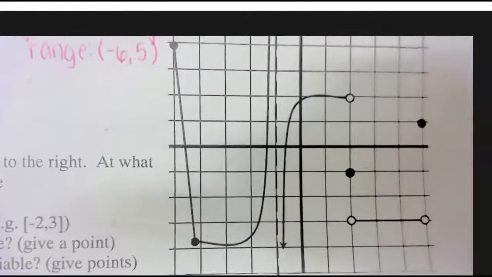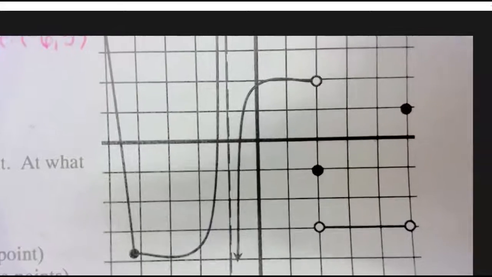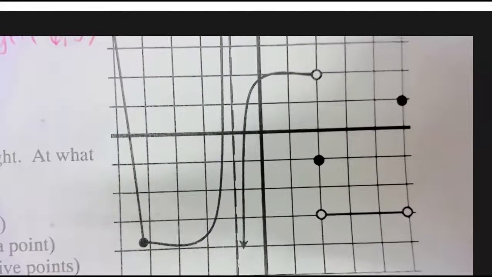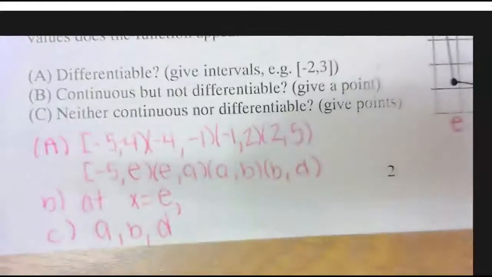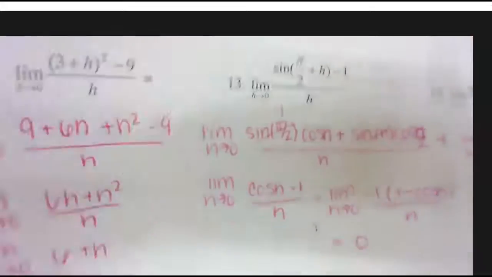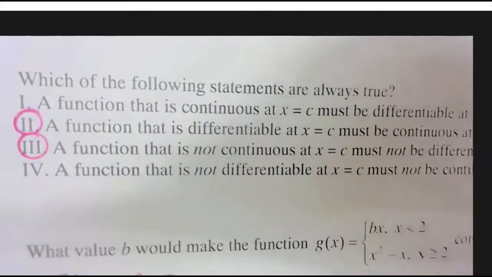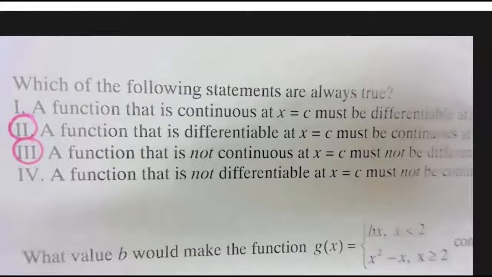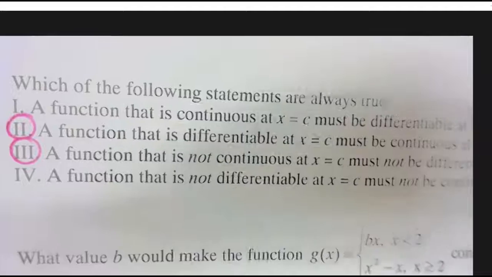Here, not continuous at A because it has the infinite discontinuity, jump, and removable for parts B and D. Okay, at the top, it says which of the following statements are always true. Statements 3 and 2 are always true.